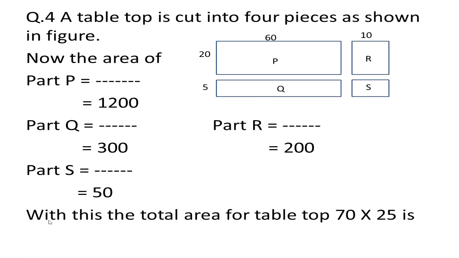With this the question extends, and the total area of the tabletop is 70 into 25. Now here we have to find the product of 70 into 25 and the answer is 1750. It means 60 plus 10 is equal to 70 and 20 plus 5 is 25.